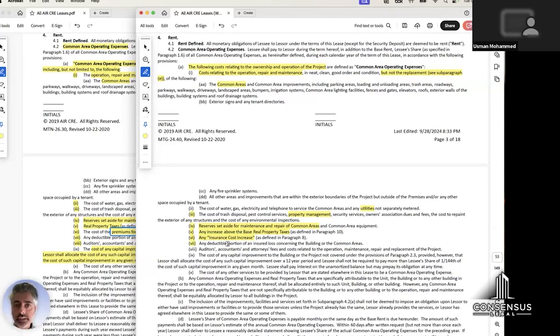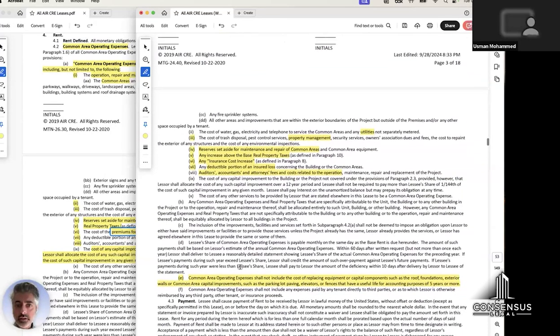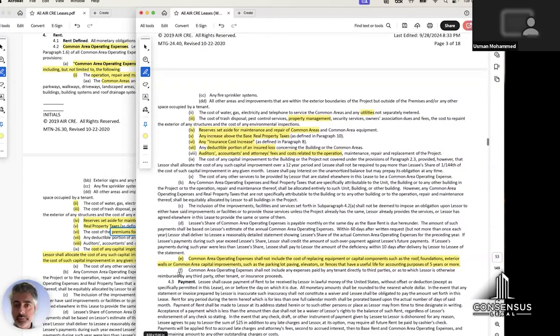Number 7 is similar. Lessor can pass through the deductible for an insured loss. Number 8 is similar. Lessor can pass through professional fees, auditors, accountants, and attorneys' fees. And the double dipping provision is also here in the gross lease.